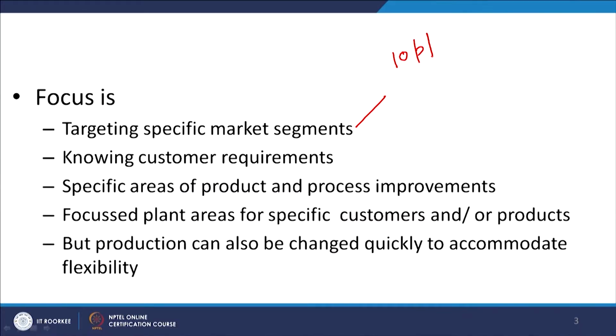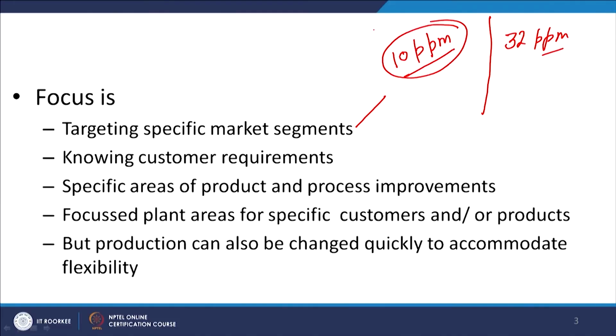If I am using a printer for my home purpose, I am satisfied with a printing speed of 10 pages per minute. But if I am using a printer in a newspaper agency, here I may like to have a printing speed of somewhere like 32 pages per minute. Now, there is a clear cut division on the basis of performance attribute for these two different markets.